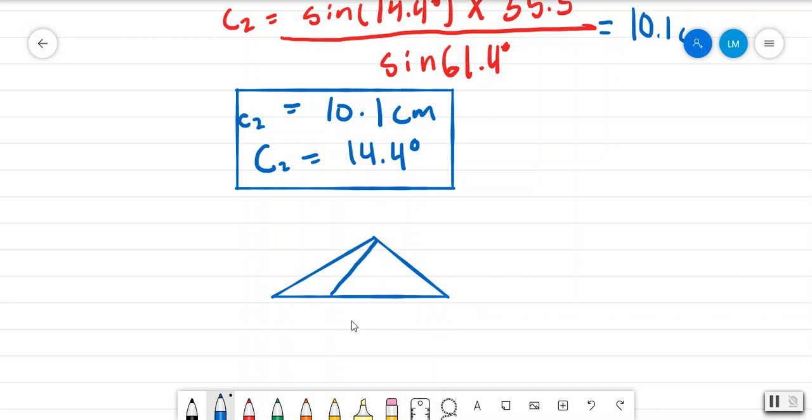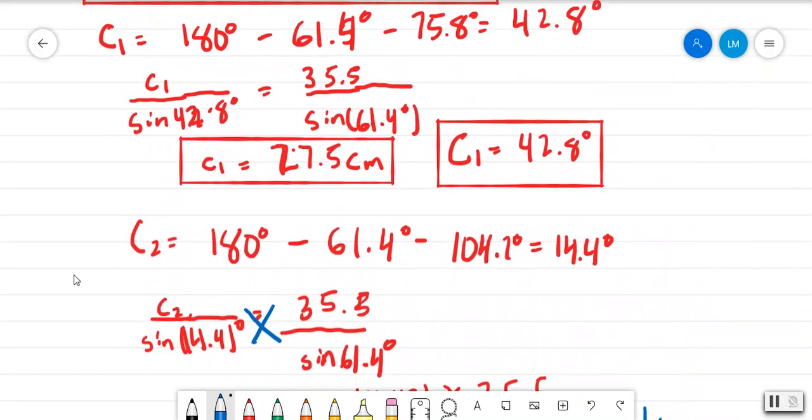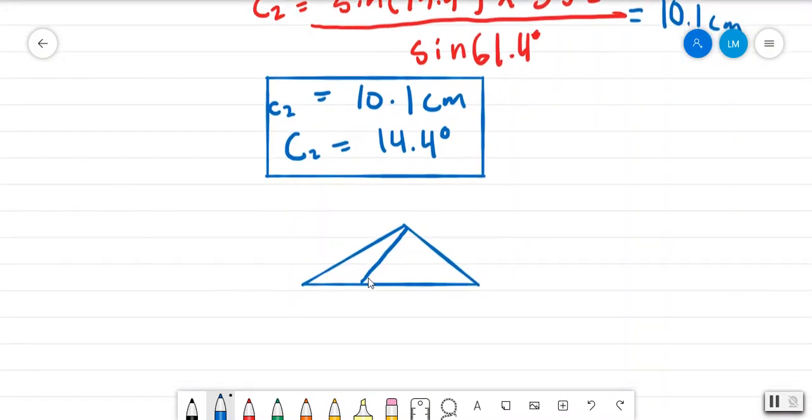So that means that C2 or C1, no, not C1. Let me see. Yeah, B1, not C1. Okay, so that means that this is not B1. This is B2. Yeah, this is B2. This is B1. A was equal to 61.4.